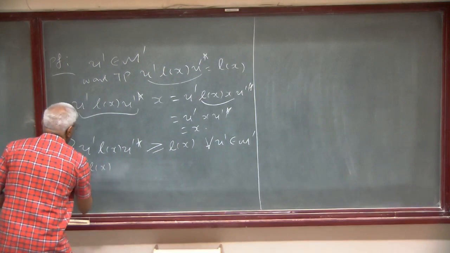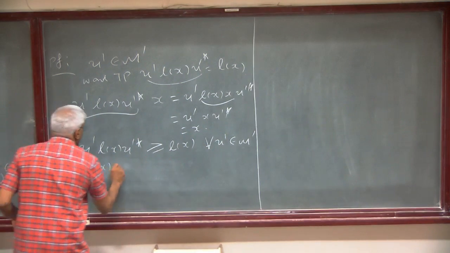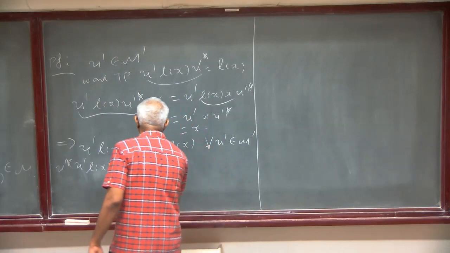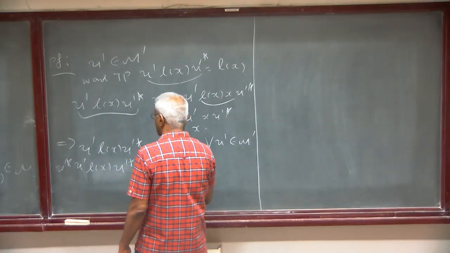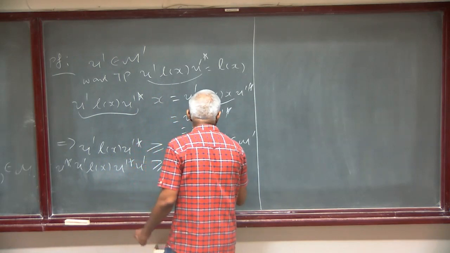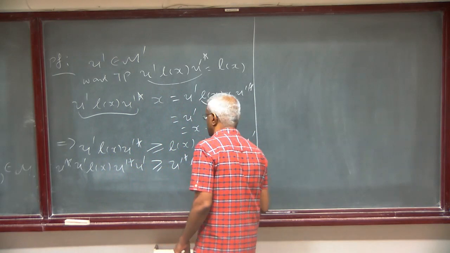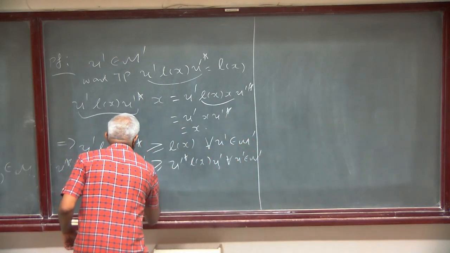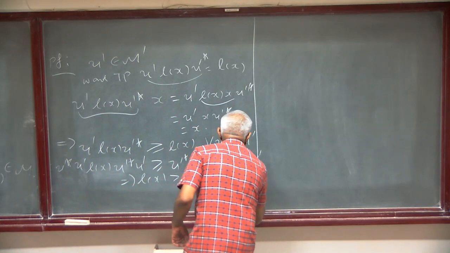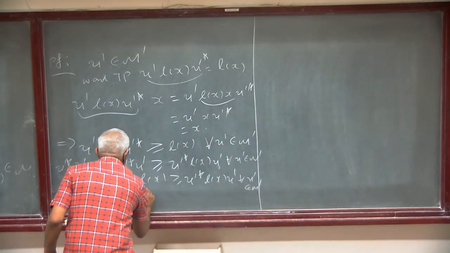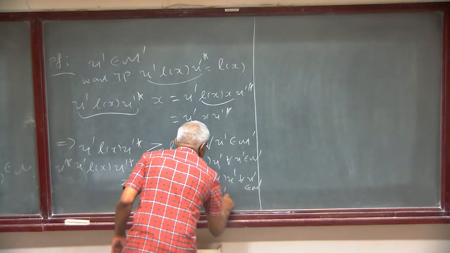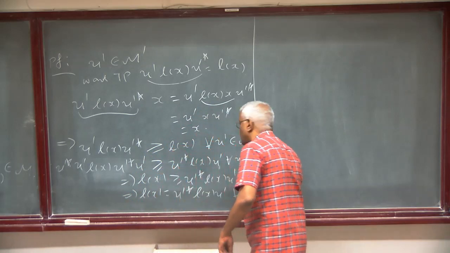This will imply L of x is greater than or equal to U prime star L of x U prime for all U prime in M prime. So this implies L of x is greater than or equal to U prime star L of x U prime, for all U prime. So this implies L of x equals U prime star L of x U prime for all U prime in M prime.